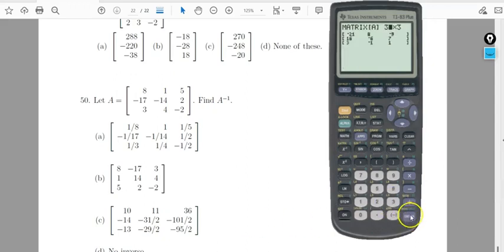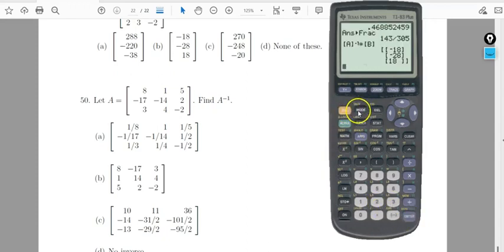A is a 3 by 3. So we're going to have 8, 1, 5, negative 17, negative 14, 2, 3, 4, negative 2.